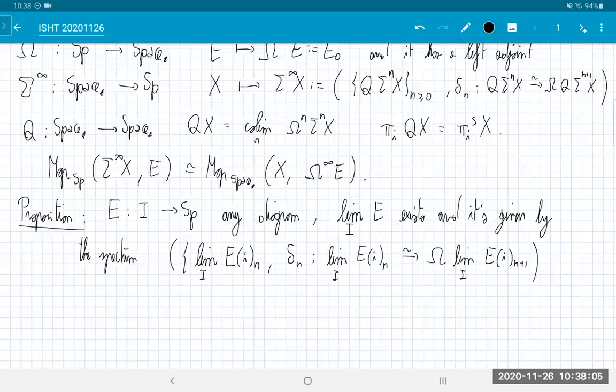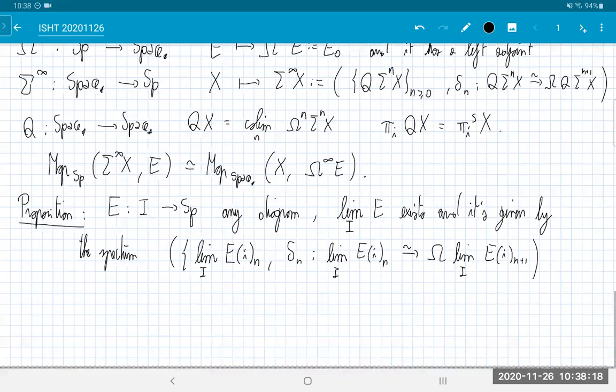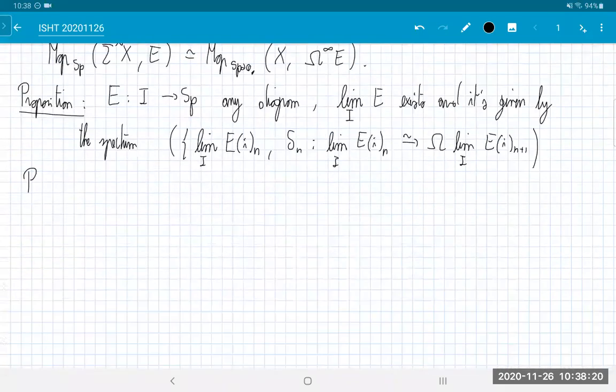This is actually kind of easy. The first observation is that this thing I wrote is actually a spectrum, that is, that this delta n is indeed an equivalence. So if you want, limits in spectra are computed level-wise.